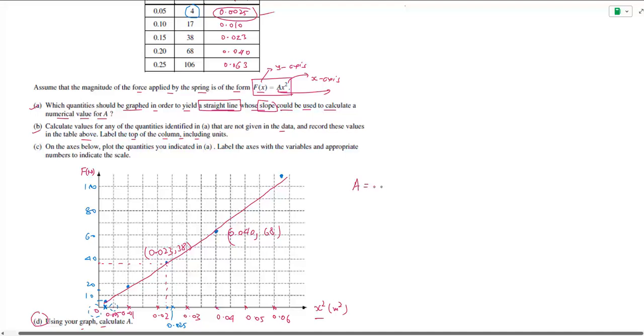The value of a you can calculate from here as change in y by change in x, that means change in f, 68 minus 38, divided by change in x, 0.040 minus 0.023. Find the value of a, solve it. Check.